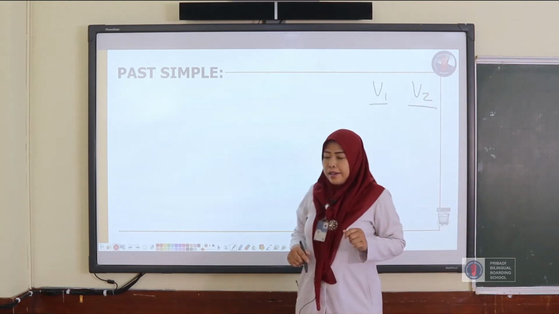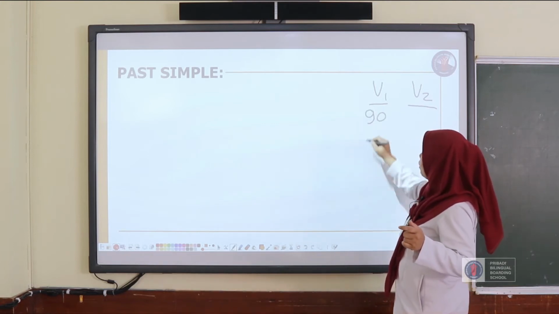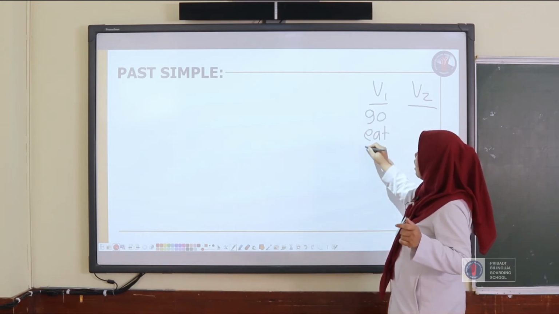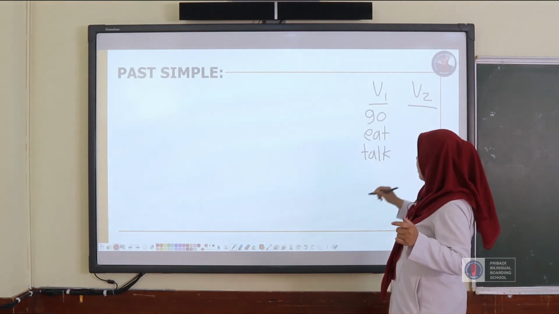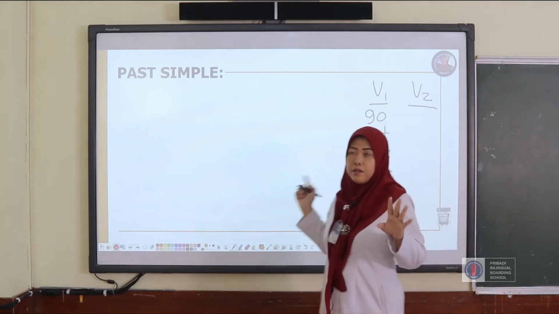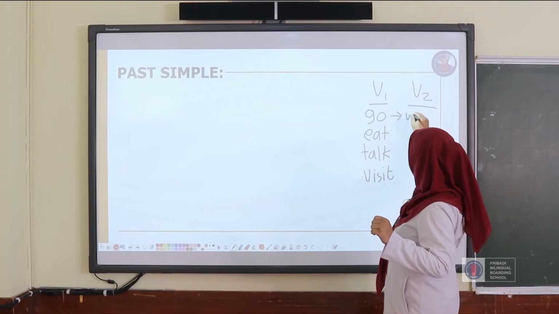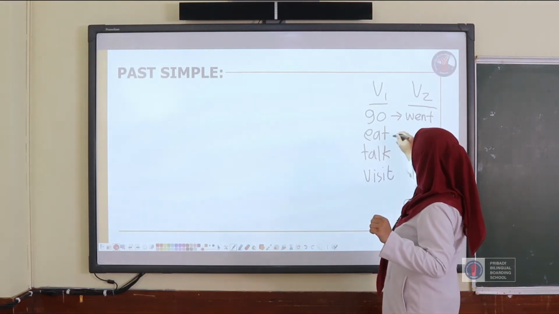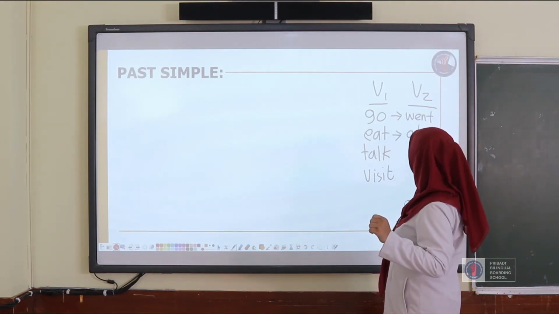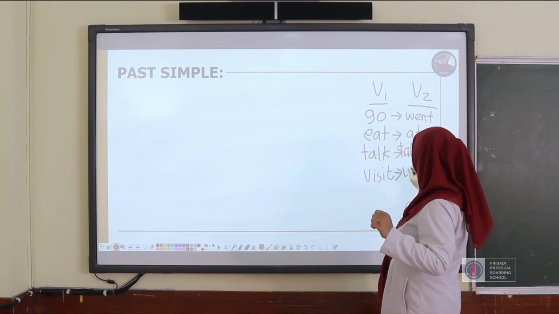If we're talking about the present, we will use Verb 1, right? Go, eat, talk, and visit. I will write down only 4. And for Verb 2, go becomes went, eat becomes ate, talk becomes talked, and visit becomes visited.